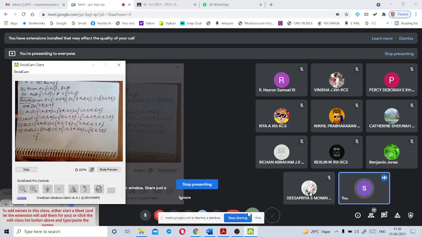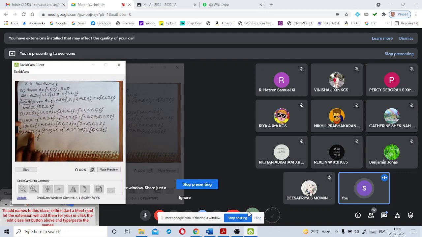Similarly, here also we have to find the union of these 3 sets, but first we find the union of the first 2 sets, and after that we find the union with the third set. Then can you tell me the union of these two sets? Any one of you?